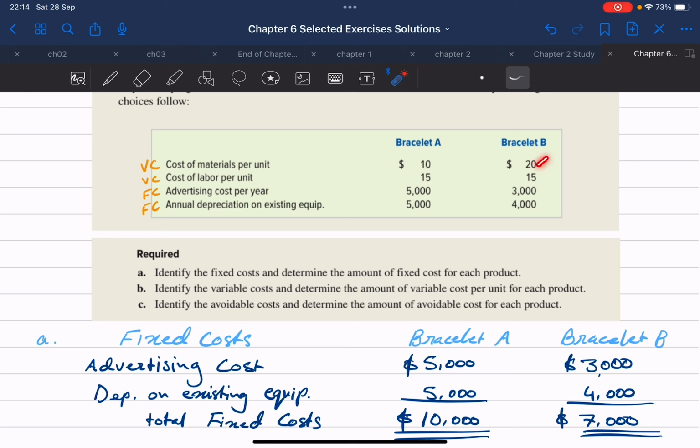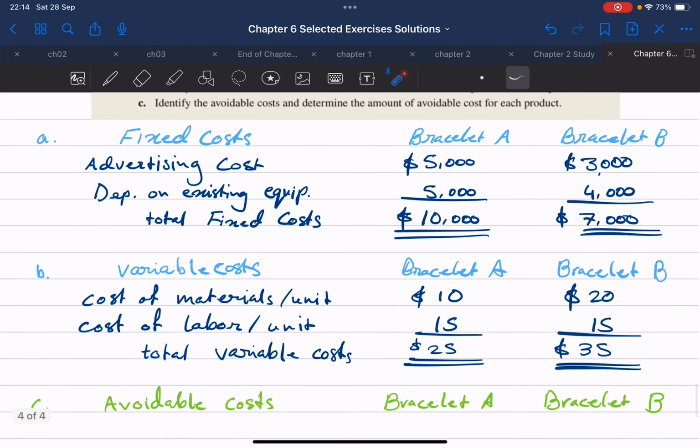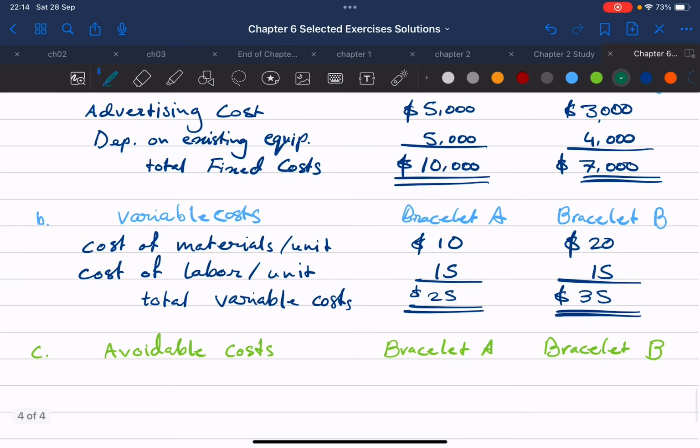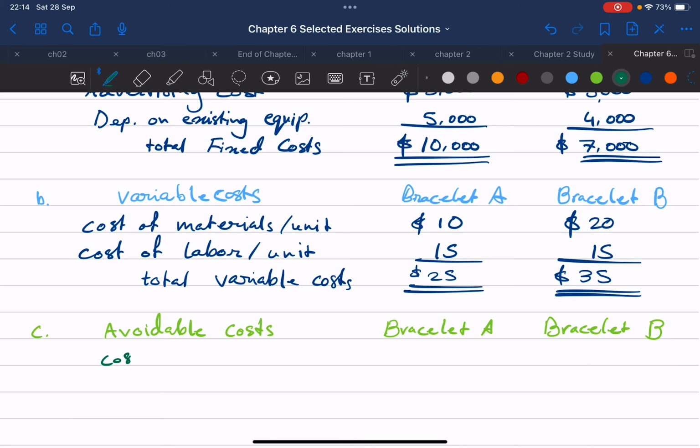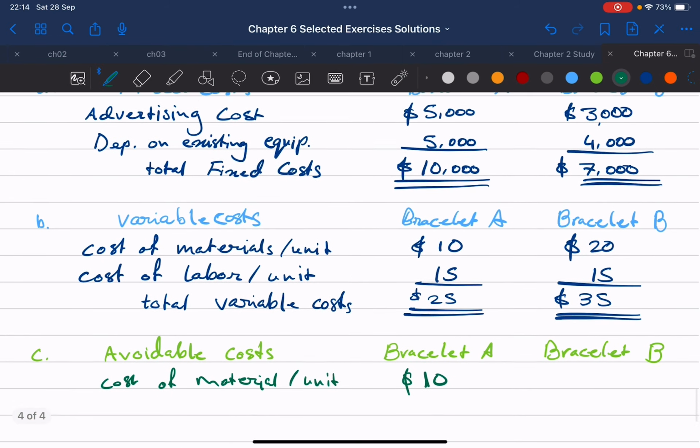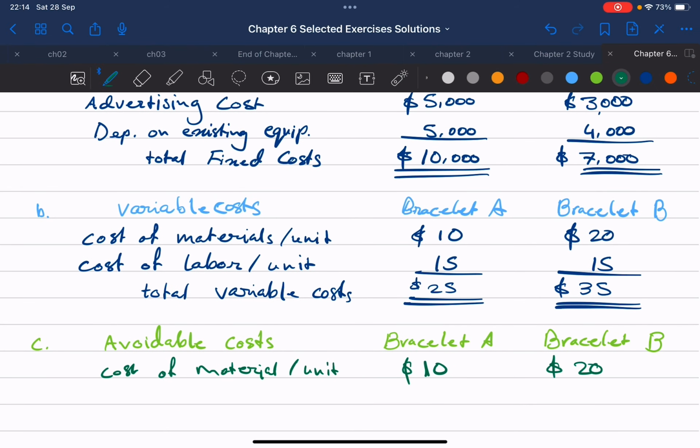They're going to only incur $20 per unit, not the $10 that is required to produce bracelet A. So the first item, the cost of materials per unit, is considered an avoidable cost. So we're going to list it here. Costs of material per unit. For bracelet A, it's the $10. And for bracelet B, it's the $20.